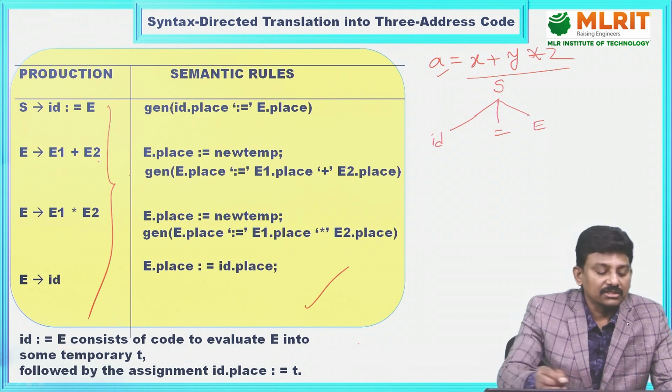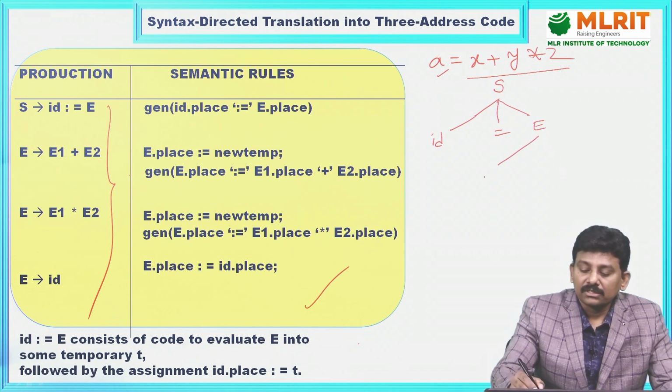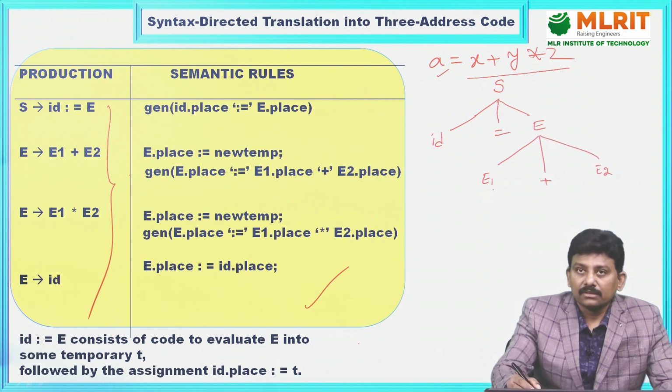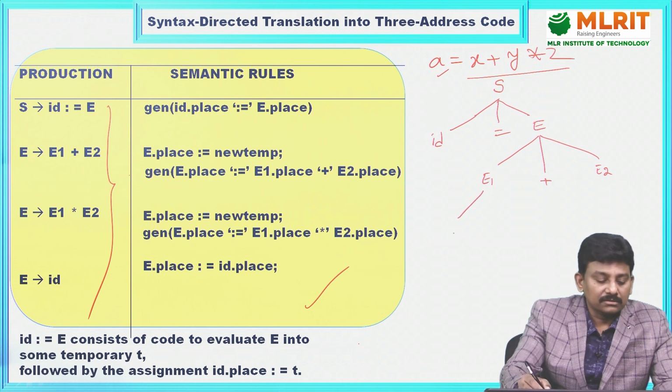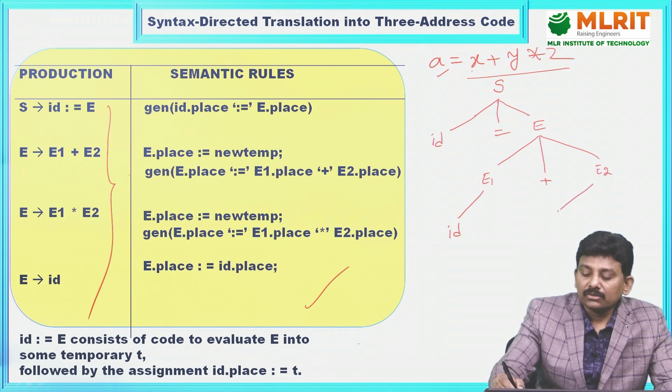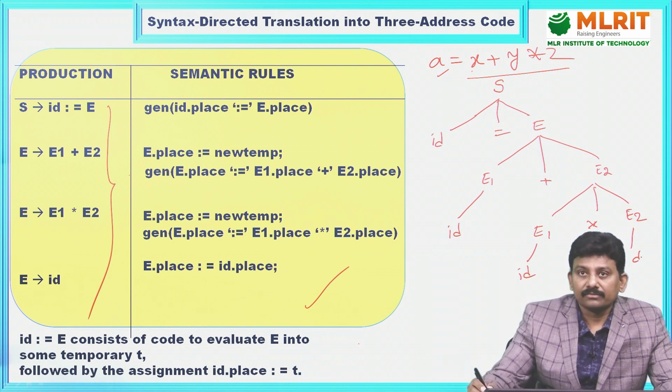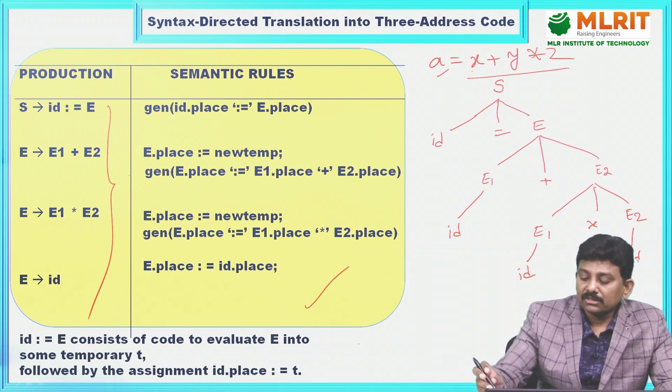So, E derives E1 + E2. Then E1 derives ID, this ID is X. E2 derives E1 * E2. E1 derives ID, E2 derives ID.